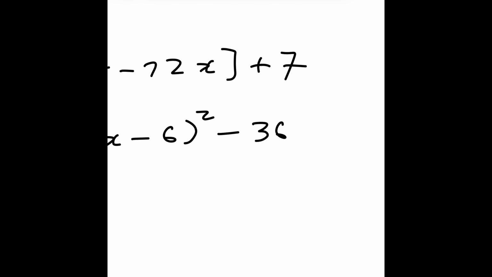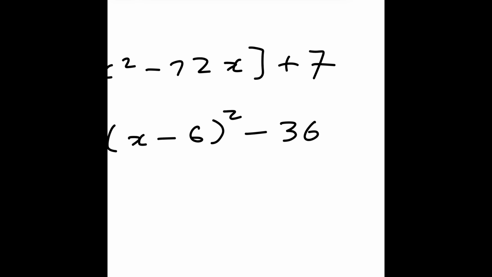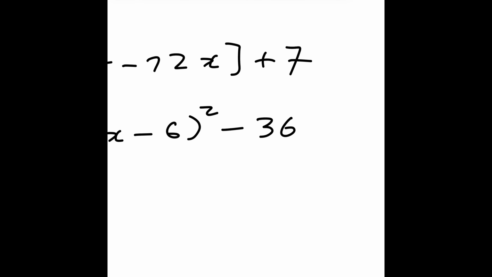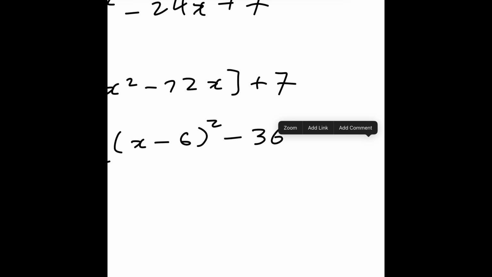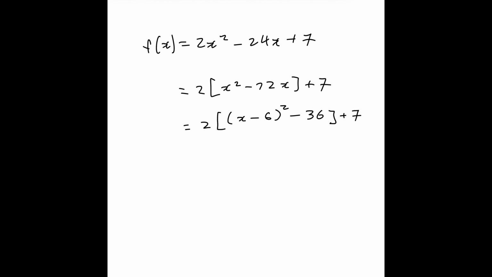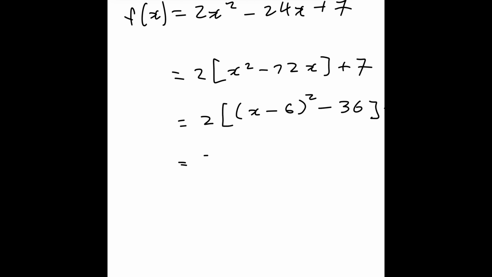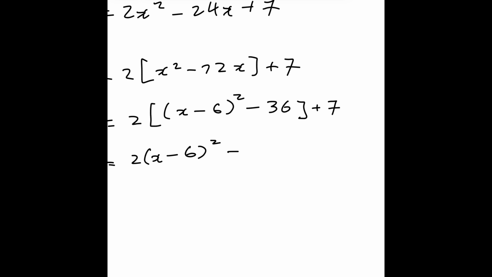And remember when completing the square, you have to account for the extra term. So the 36 here is the extra term. Then that would just be minus 72 plus 7, so it's minus 65.